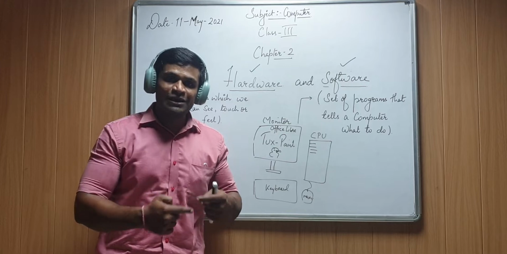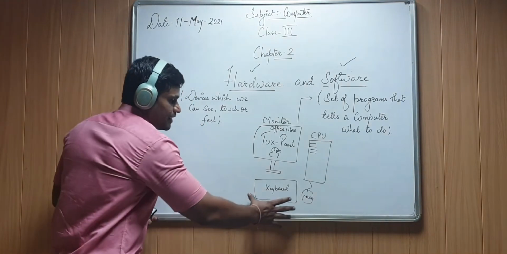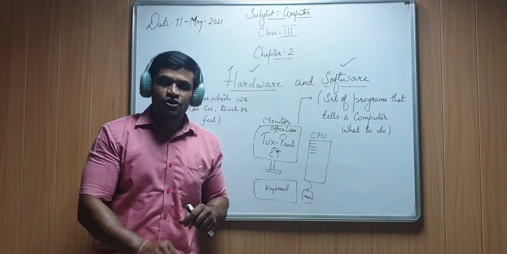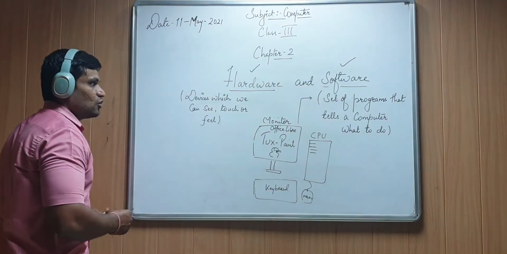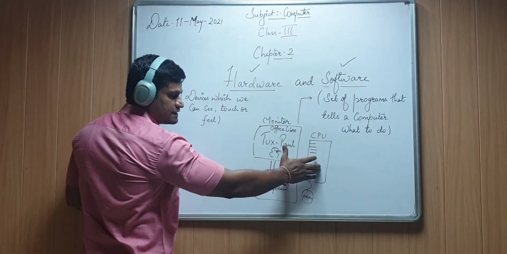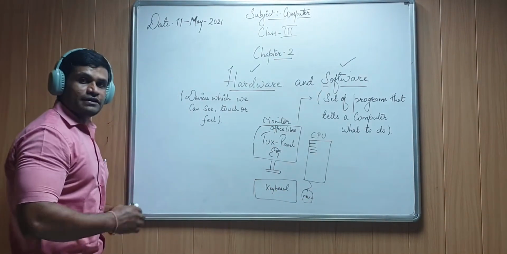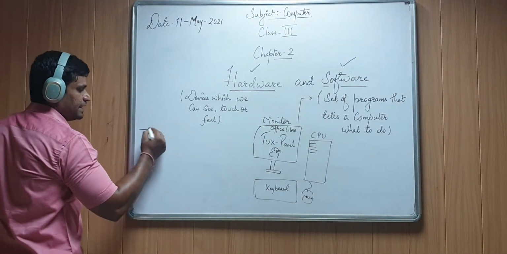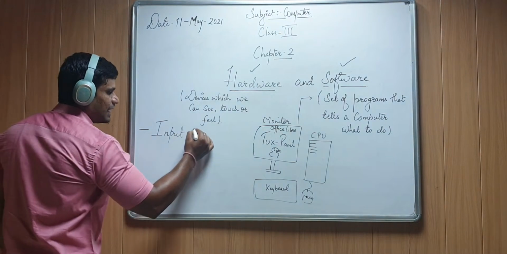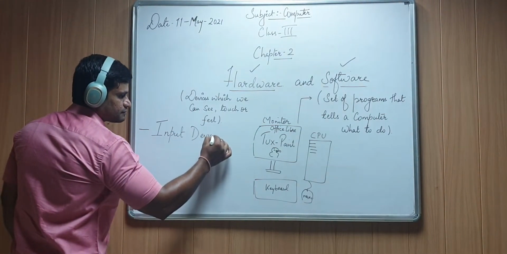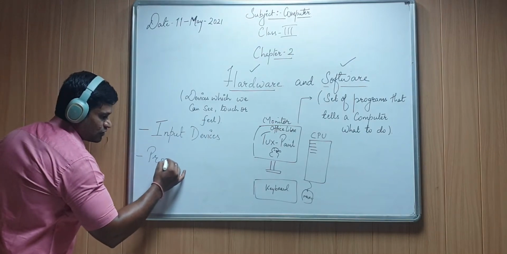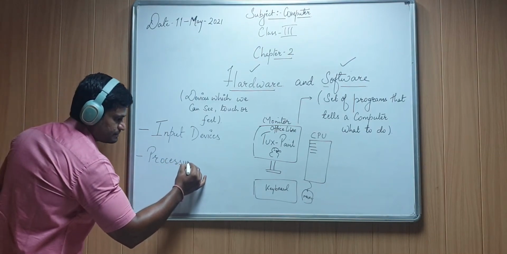It does all the calculation work. Keyboard, what does the keyboard do? The keyboard gives the input. So the hardware, on the basis of their work, like your monitor, CPU, mouse, keyboard, are divided into three parts. The first is input devices hardware. The second is processing devices.